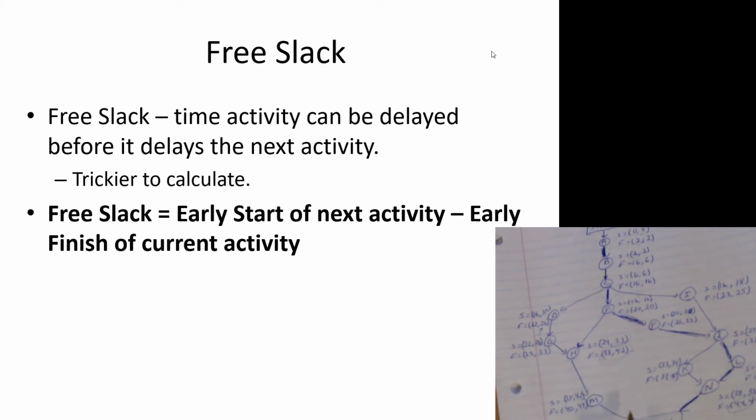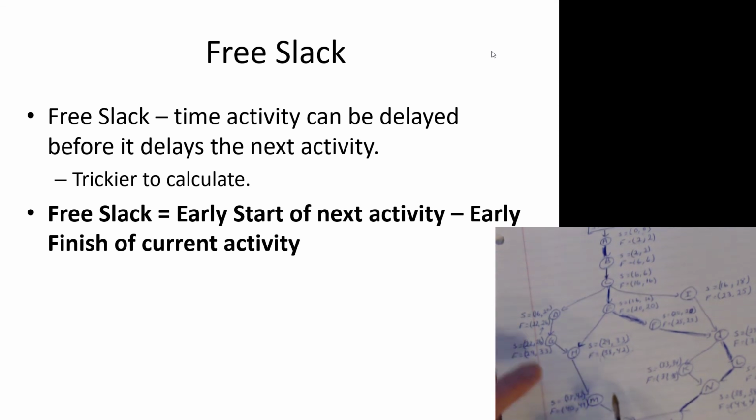Earliest start of the next activity, so that's the finish, that's 44, minus the early finish of the current activity, which is 40. That gives us a free slack of 4 weeks, which means that M can be delayed up to 4 weeks before delaying the finish of the project, which is the next activity in this case.